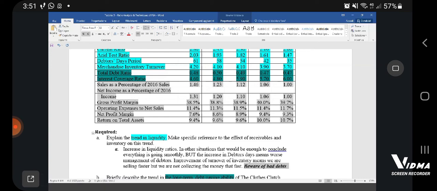Connecting together the increase in the debtors days with the improvement in the inventory turnover means that we are selling fast, but we are not collecting the money. That basically means that we are attracting customers who are not really qualitative. They are not paying back their liabilities to the company. Does that make sense? Okay.